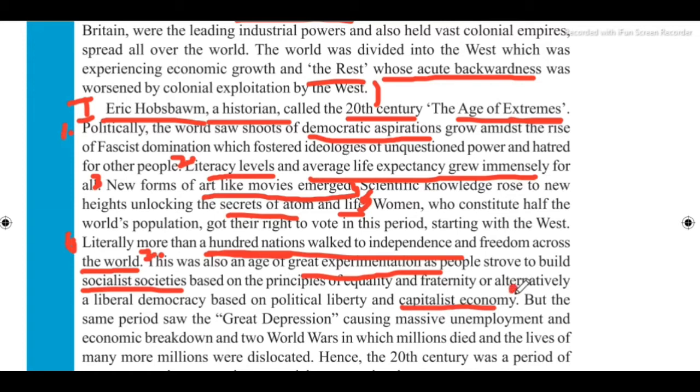Another important point in this part will be the world has seen a Great Depression. During this Great Depression, all the economies have collapsed. There was a massive unemployment, and all the economies have broken down, and there was no demand and supply. This was ultimately overcome in the Second World War.